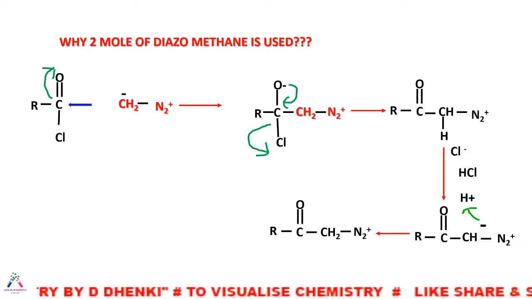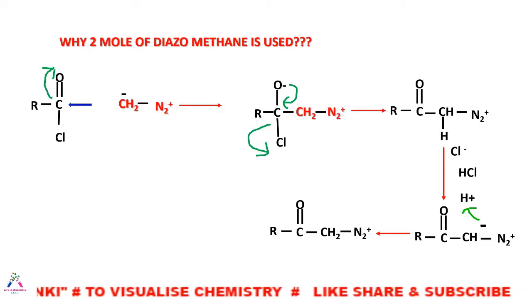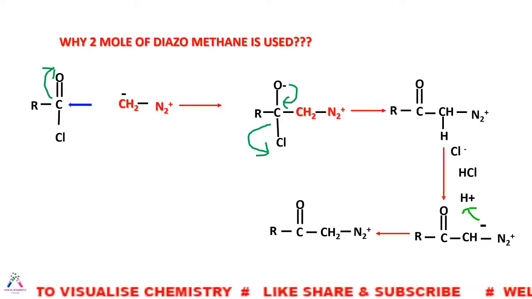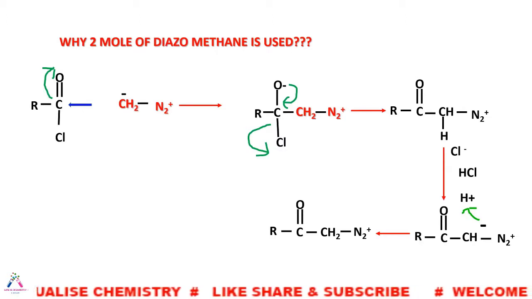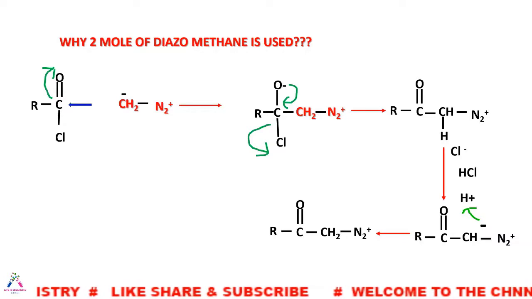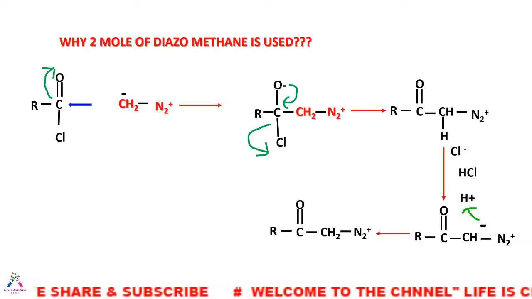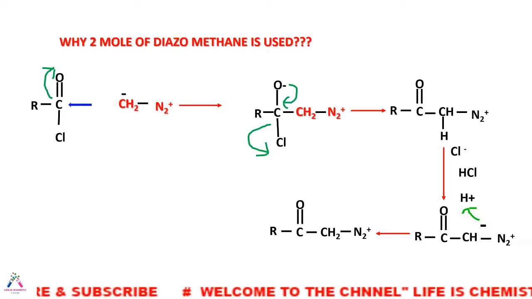very easily undergoes an SN2 reaction, because this carbon is a primary carbon with a leaving group of N2+, and this N2+ will leave as nitrogen, which is an excellent leaving group. In this case, after the abstraction of H+, there is a Cl-.